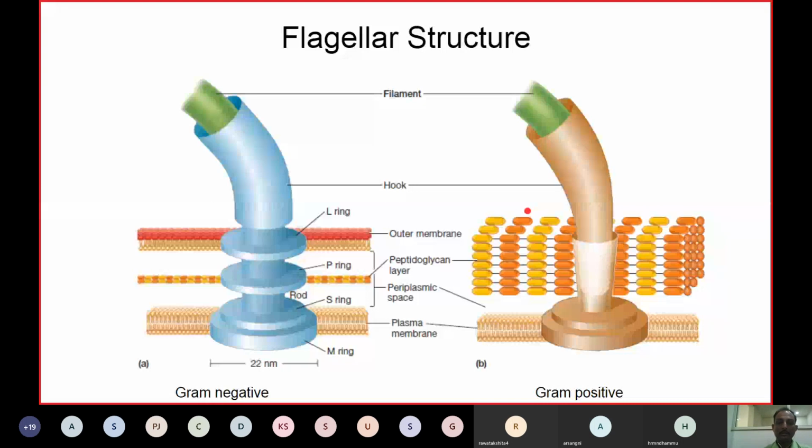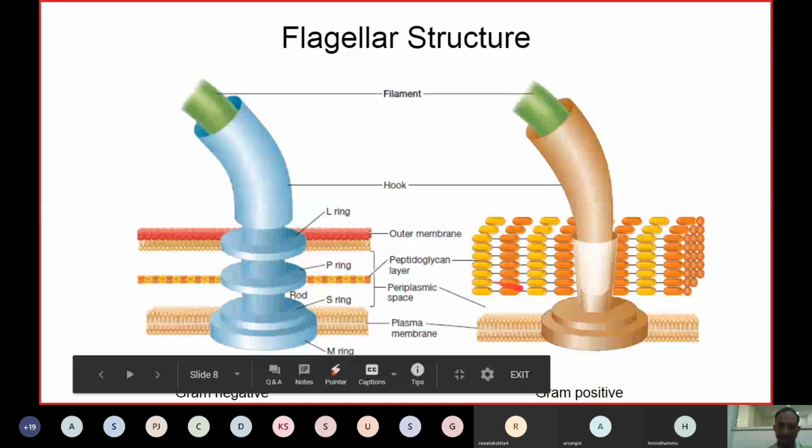But the structural organization of flagella varies in gram negative and gram positive bacteria. Here you can see the plasma membrane and the peptidoglycan layer. In the gram negative case, there is the plasma membrane, the peptidoglycan layer, and the outer membrane.